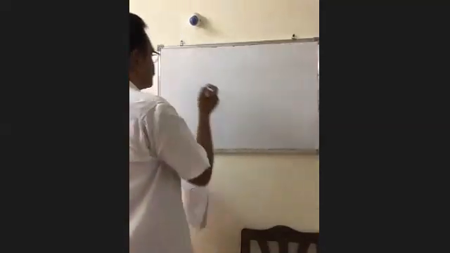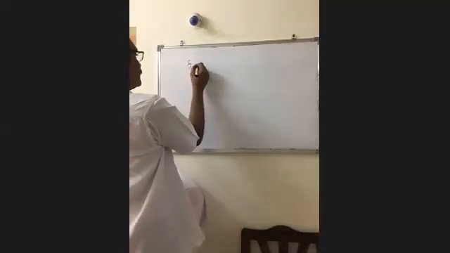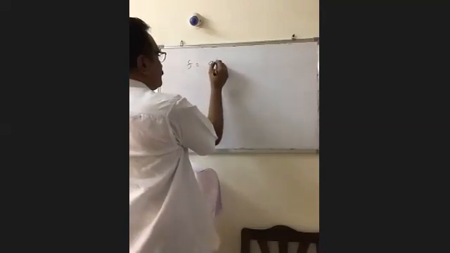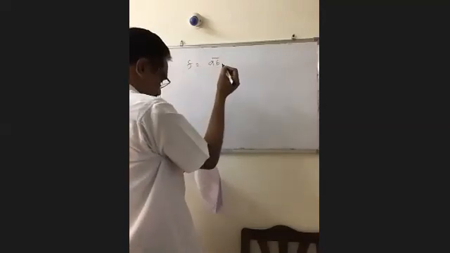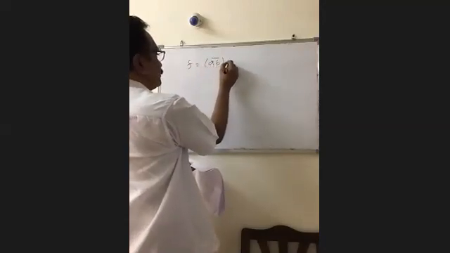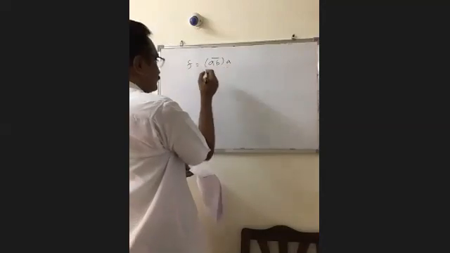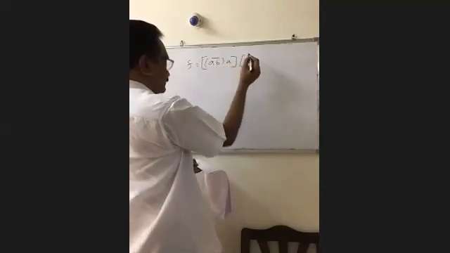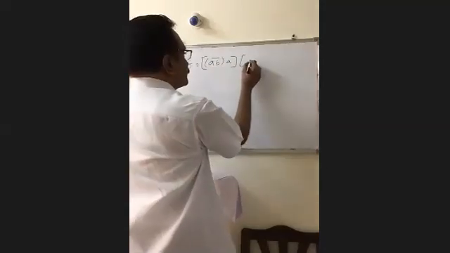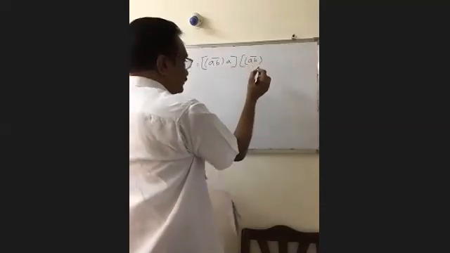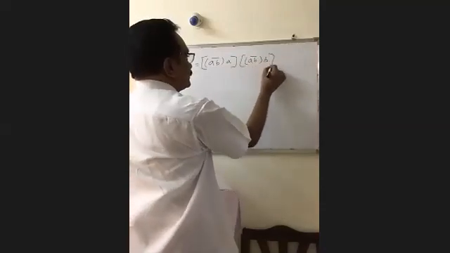The given expression is f = (a b bar into a) whole multiplied by (a b bar into b).